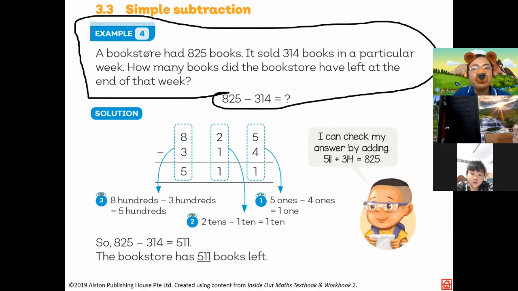A bookstore had 825 books. It sold 314 books in a particular week.